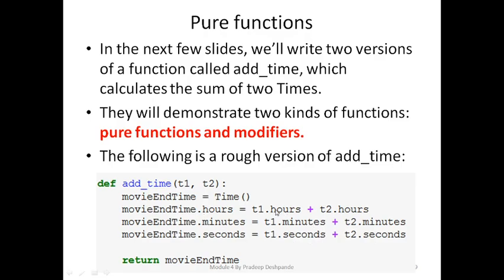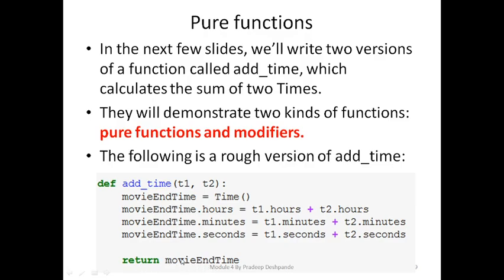Now the hours, minutes and seconds of t1 are added with the hours, minutes and seconds of t2, and they are stored in the object named movie_end_time. When you return movie_end_time, it is returning an object.